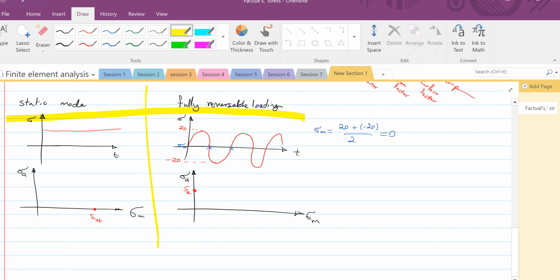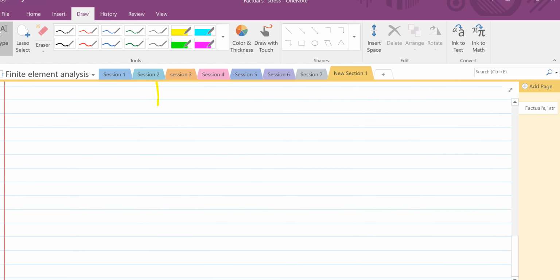Somebody really clever named Goodman said, let's combine those two and create a criteria. Let's see what Goodman said. I'm going to tell you the Goodman line.